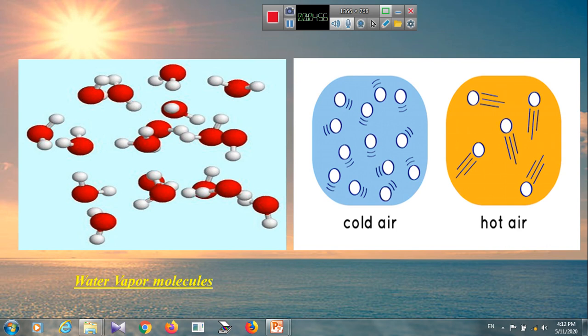When the molecules of the cool air collect together, they can form condensation. But the hot air moves rapidly, so the molecules of the air are far away from each other and cannot collect to form condensation.